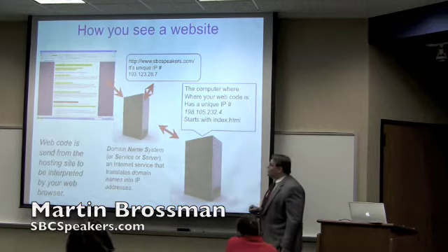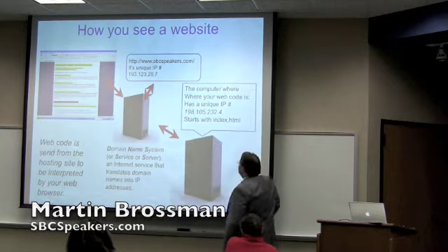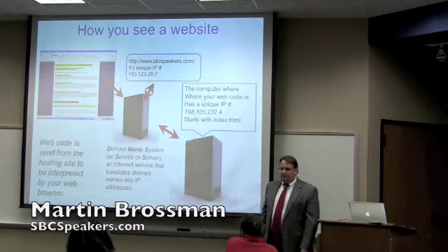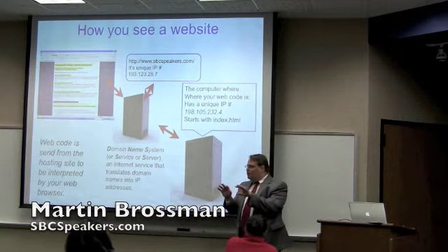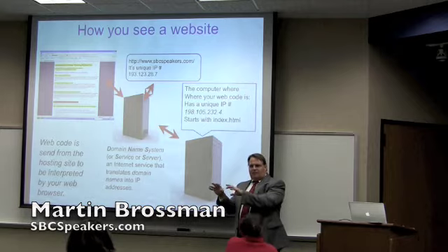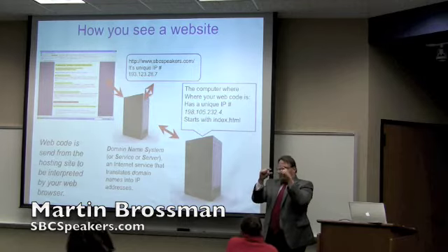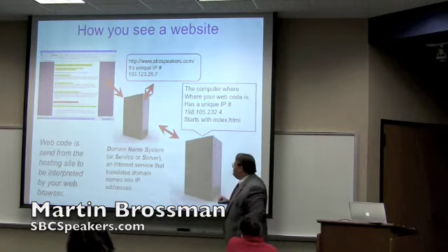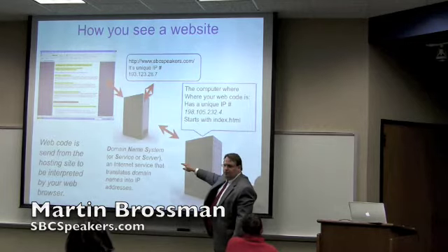The first thing is, what happens when you search the internet? What actually occurs? So when you put in www.website.com, that little address goes out into the internet and connects up with something called domain name servers.